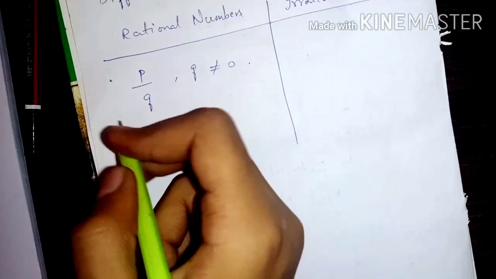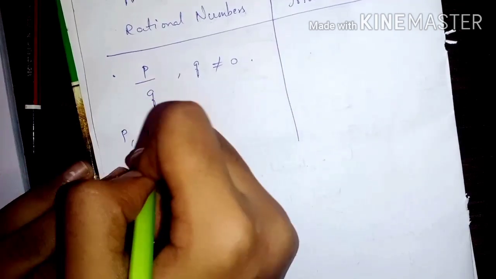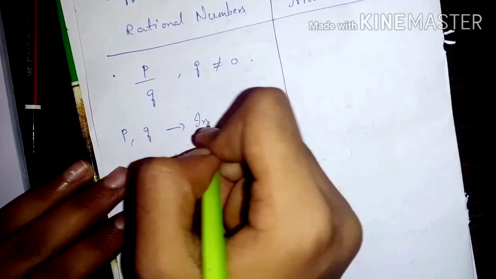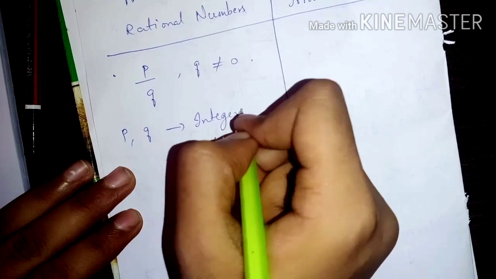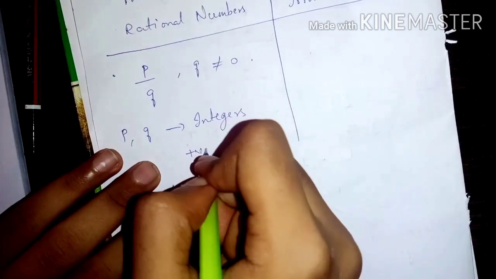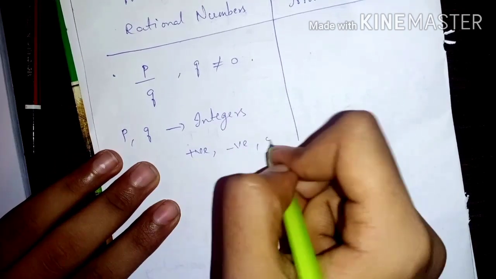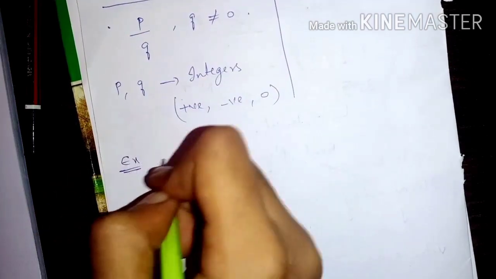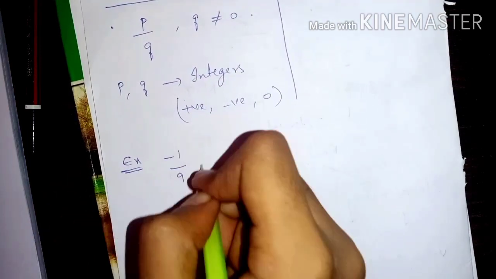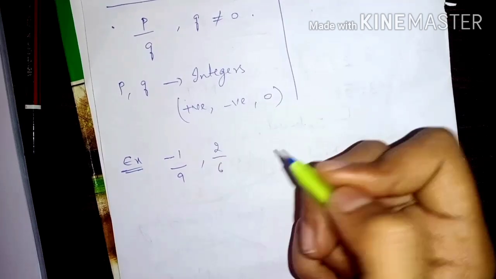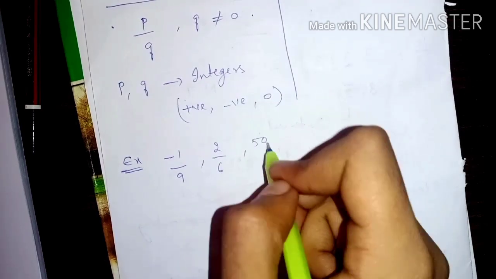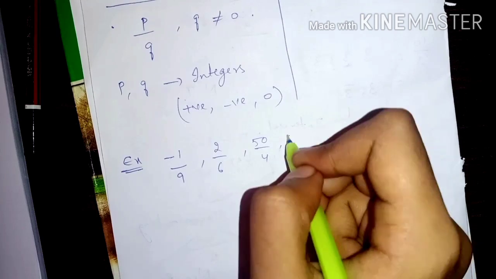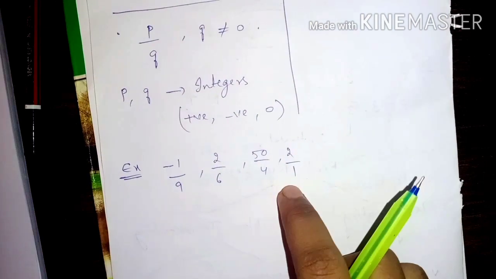Here p and q both are integers, positive, negative, including 0. Examples of rational numbers would be minus 1 by 9, 2 by 6, 50 by 4, 2 by 1.